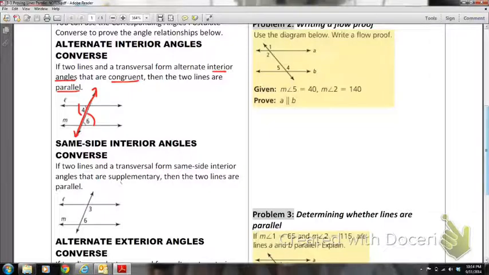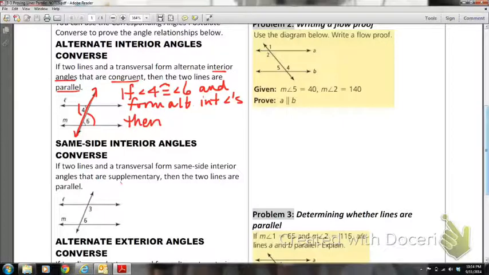So here we have if angle 4 is congruent to angle 6 and they form alternate interior angles, then you can state that L is parallel to line M.